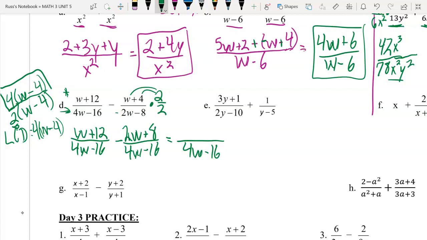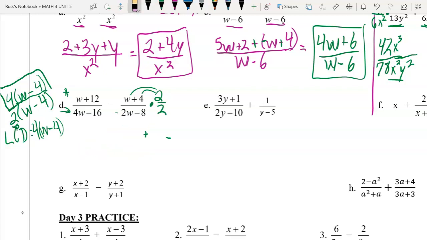Now be careful here, okay? I'm going to move all of this up a little bit so it fits better. So I've got w plus 12 over 4w minus 16 minus 2w plus 8 over 4w minus 16.